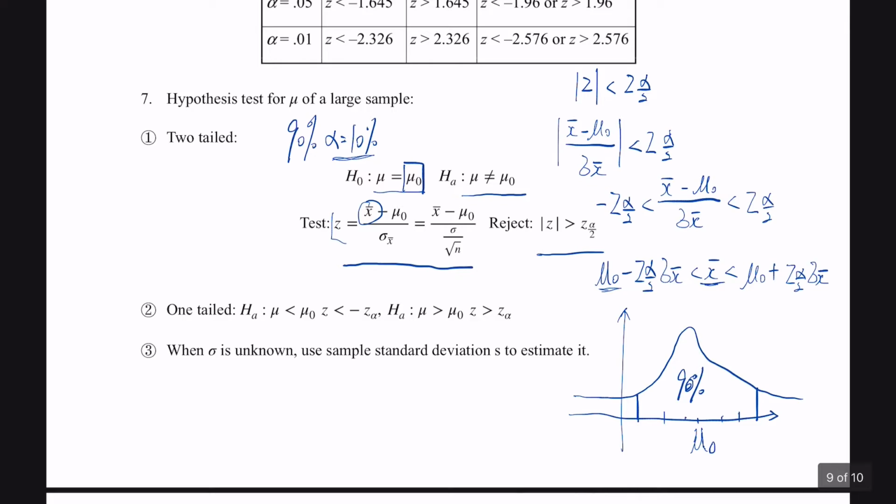However, if the sample mean we get lies outside the 90% range, then we would reject the null hypothesis, and we say we are 90% sure that the population mean shouldn't be that value. That's how we do testing.